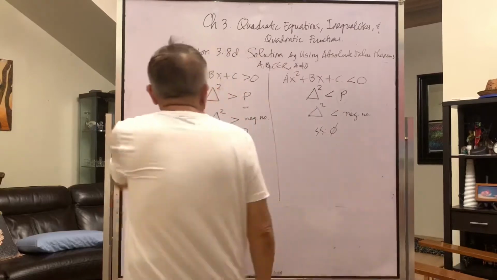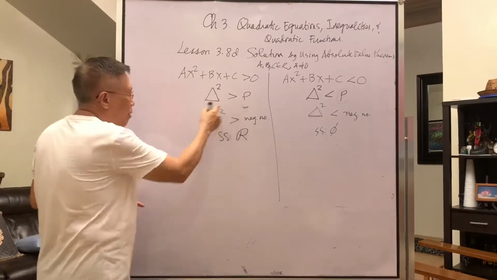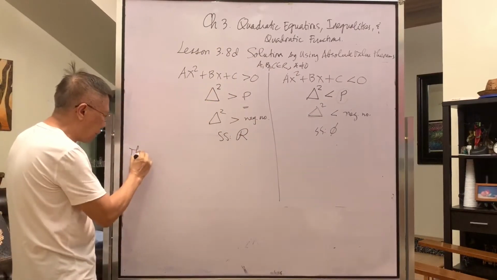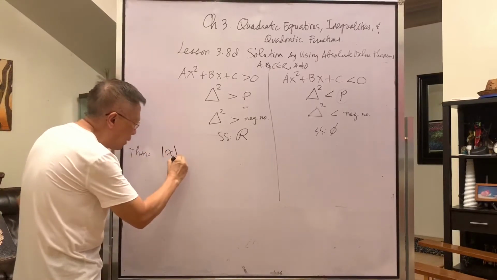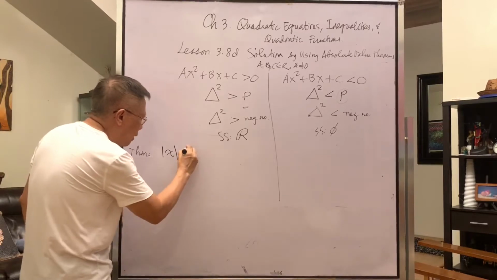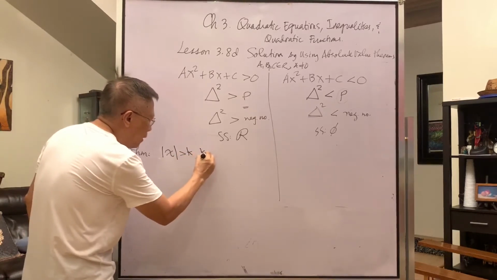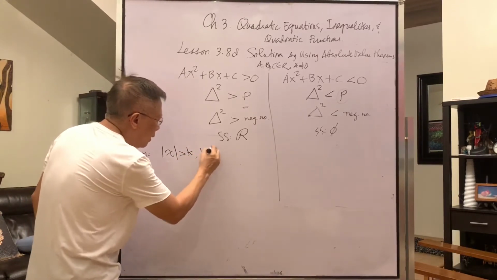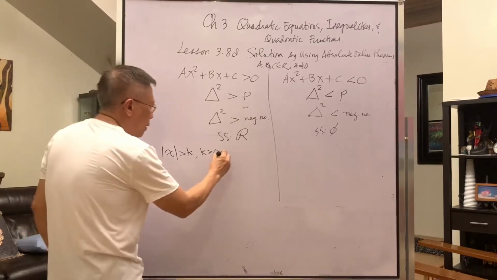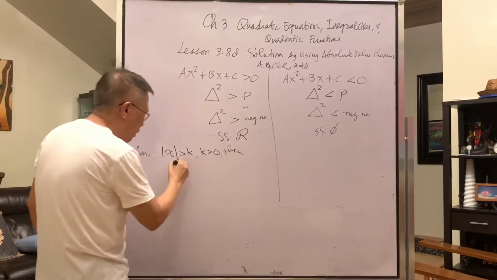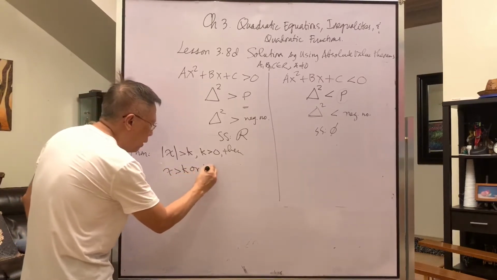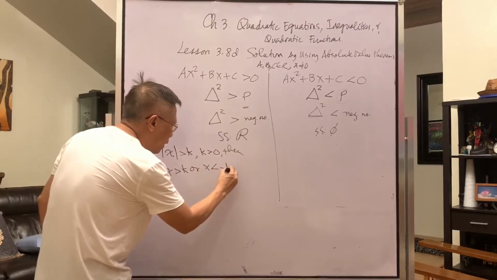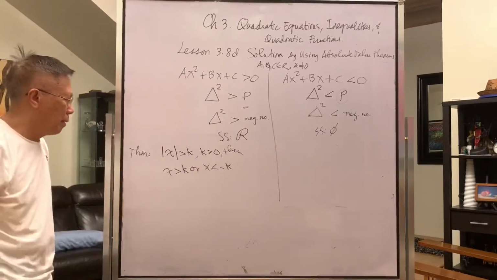So, the theorem that we will use will be: suppose absolute value of x is greater than k and k is greater than 0, then this means that x is greater than k or x is less than negative k.